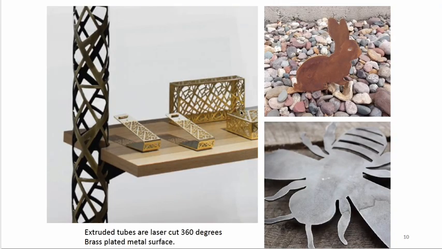And those metal cut shapes are cut by the laser cutting machine. You can make any kind of shapes out of those, and this metal rabbit shape is also stained, almost looks like rusted.